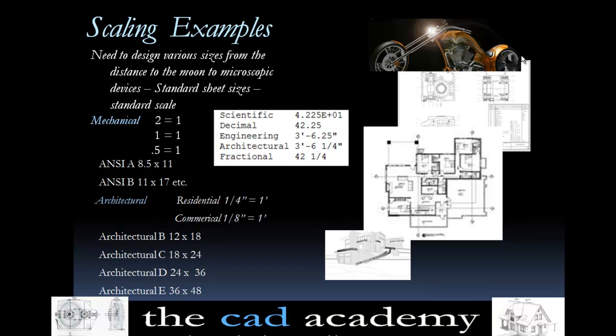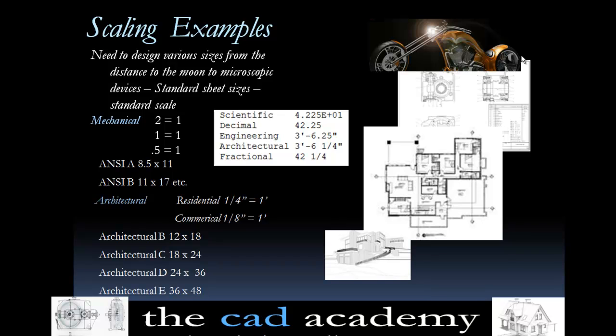Standard paper sizes in engineering and architecture were determined so that you could put a scaled object onto them. And in mechanical or electronic engineering, sometimes it will be much smaller than an A-size sheet, which is 8.5 by 11.